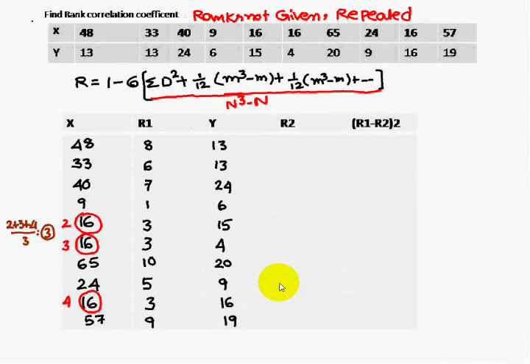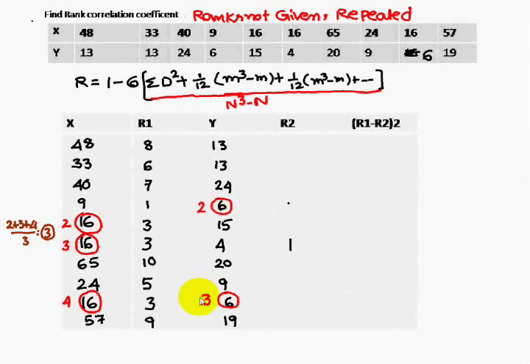Next, the least value you give rank 1. Let us consider the next highest value, which is 6 and 6. After 1, the ranks you are going to get are 2 and 3.